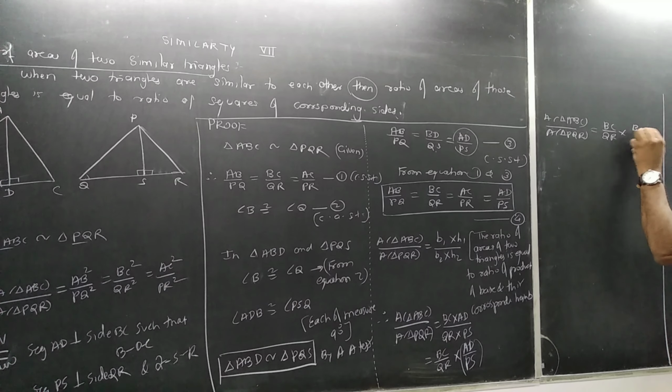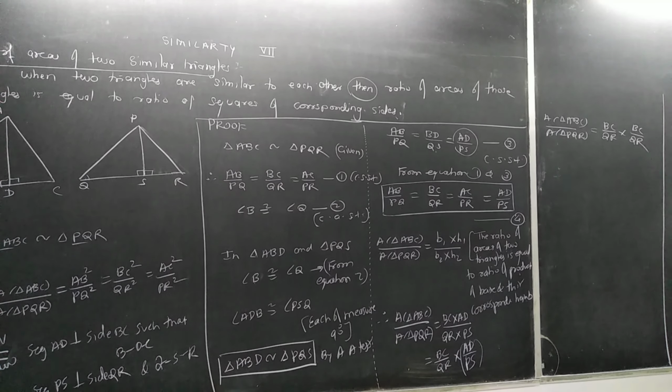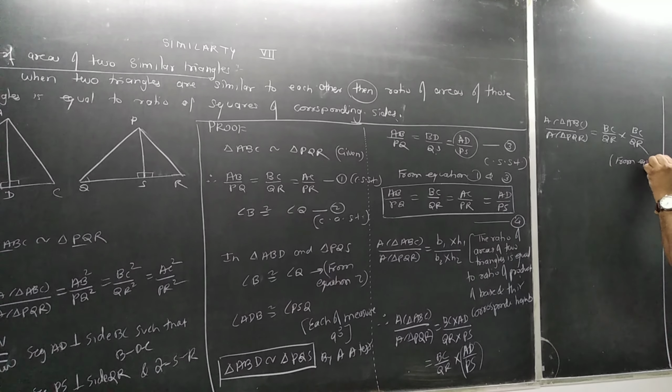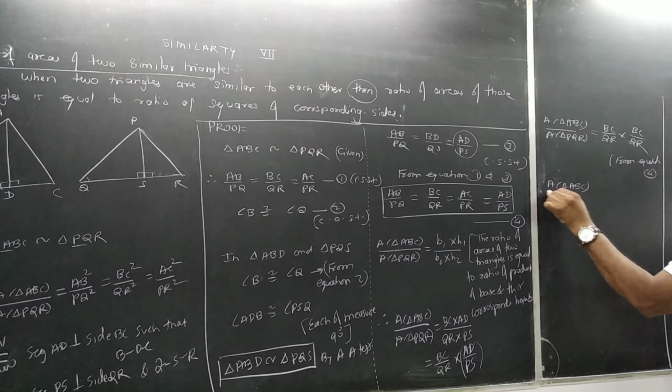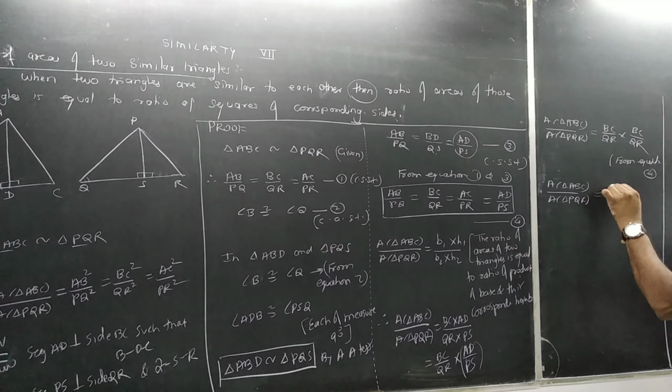I am going to take BC upon QR only and write from equation 4. So what did you get now? Area of triangle ABC upon area of triangle PQR is equal to BC square upon QR square.